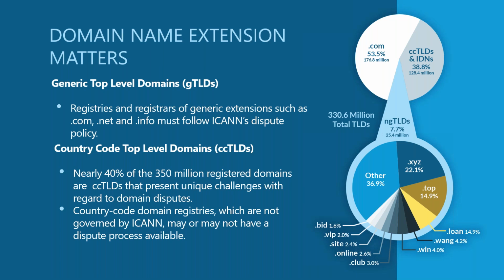Now, when it comes to country code domains, it's a completely different world because they are not governed by ICANN, and each registry can have its own dispute process or none whatsoever. And so when your client's brand is being abused by a country code domain, you have a little bit of a different path to take in order to dispute their ownership.